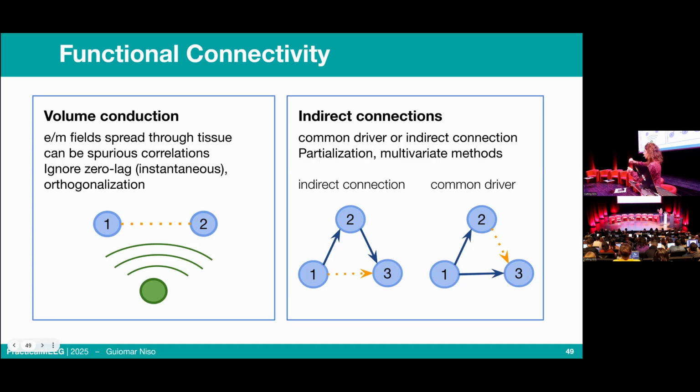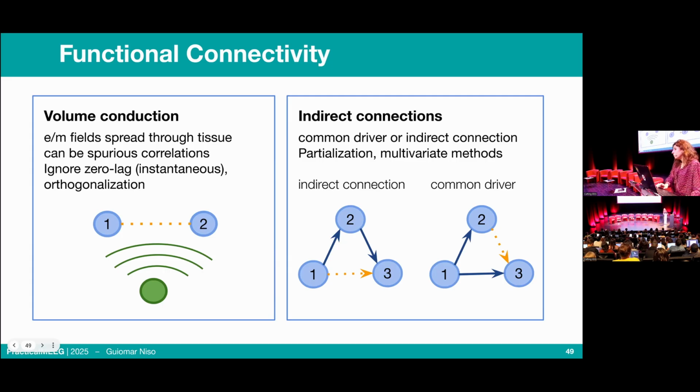This is just because it's going through another path. So this could be happening in your brain if you detect some connection. It could be that it's going through a third one. Also, in this case, if one is influencing 2 and one is influencing 3, you can find a relationship between 2 and 3. But again, this might not be real. This is just because one is influencing the two, and it's similar to the volume conduction thing.